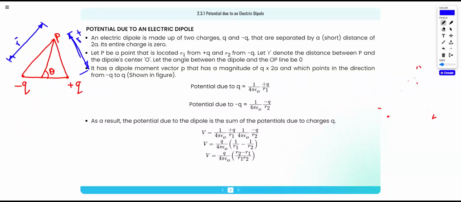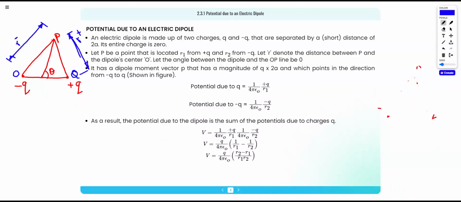This point I will name O, this Q, and this P. By looking at this diagram, you can conclude that this part is greater than this part.